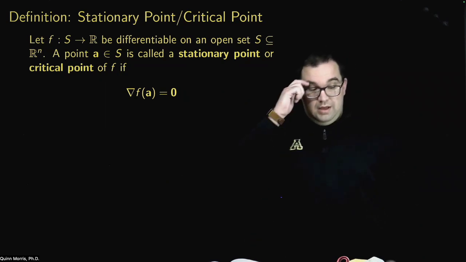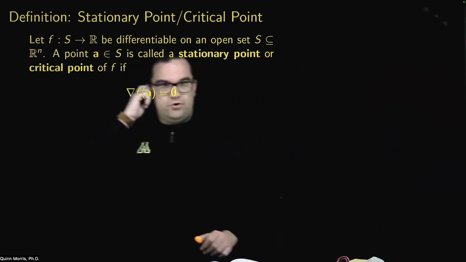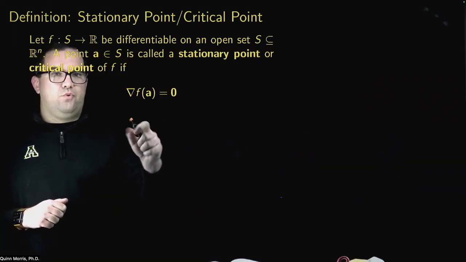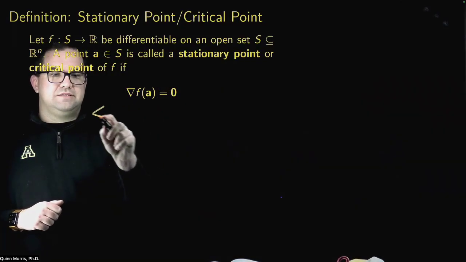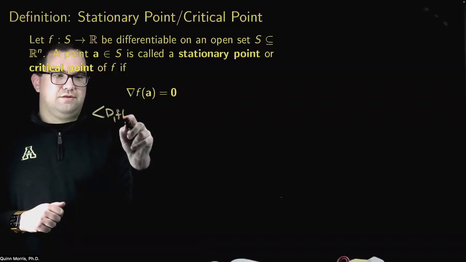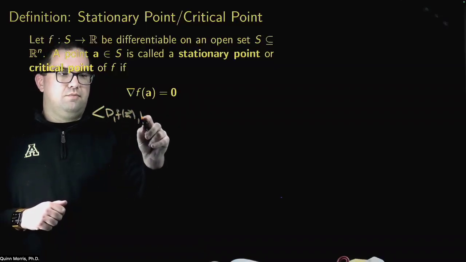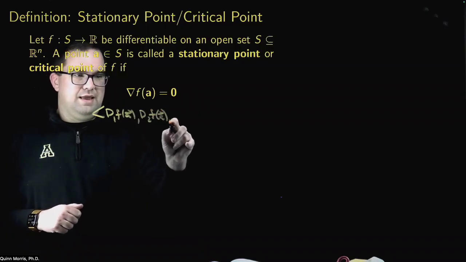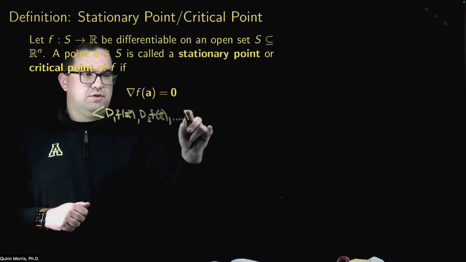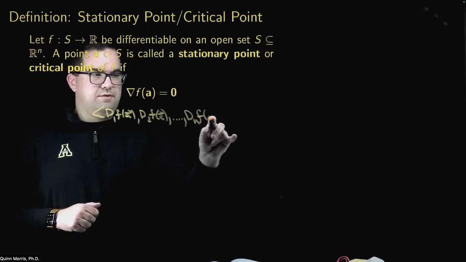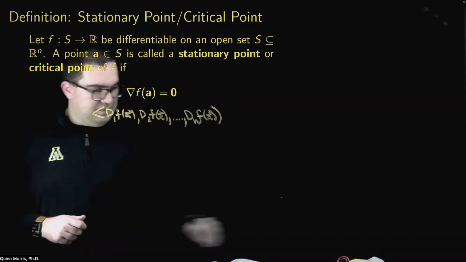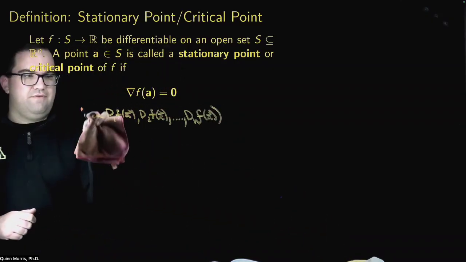So first, what does it mean for the gradient of f to be equal to 0? Now remember this gradient, that's a vector quantity, and that is simply the partial derivative of f with respect to the first variable at a, the partial derivative with respect to the second variable of f at a, all the way up to the partial derivative with respect to the nth variable at a. And we're saying that this is equal to the 0 vector.